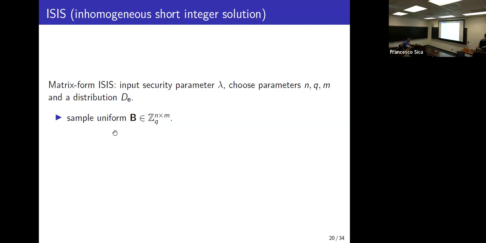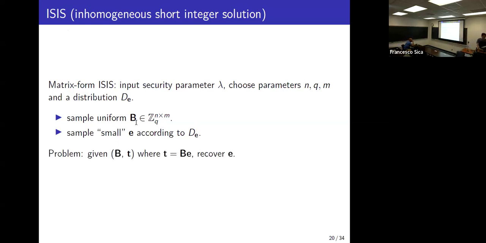The idea is to sample a uniform B, which you can think of as the transpose of A. Because I change the two parameters M and N to N and M, that's very important to make sure the ISIS problem is well defined. So it's a wide matrix B, and I sample a small secret E according to the distribution D_E.